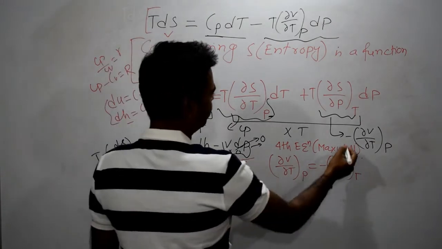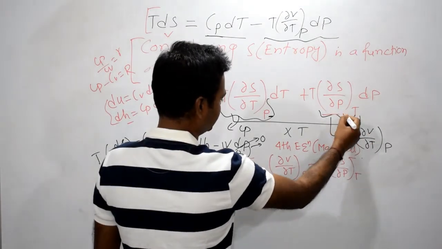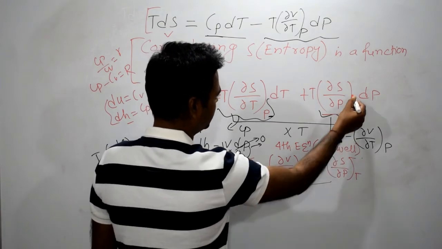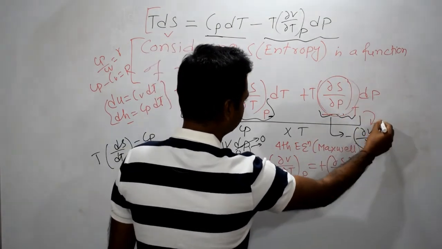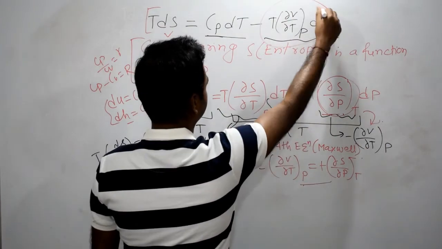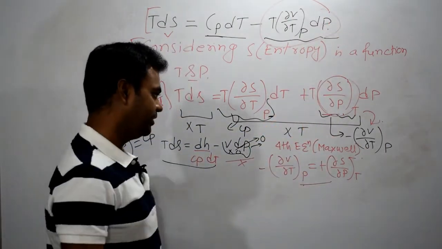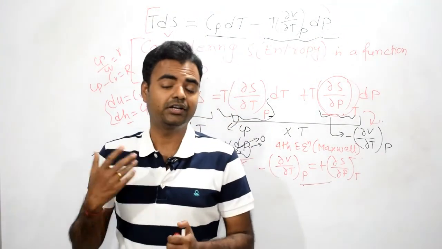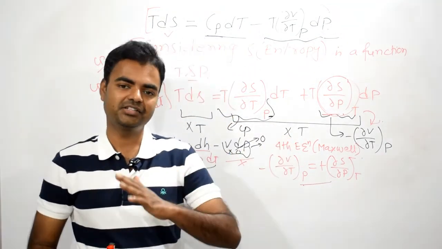Now in order to fit this term, we just have to change the sign, and we can put it in place of this term. In this way you can derive the second TdS equation.